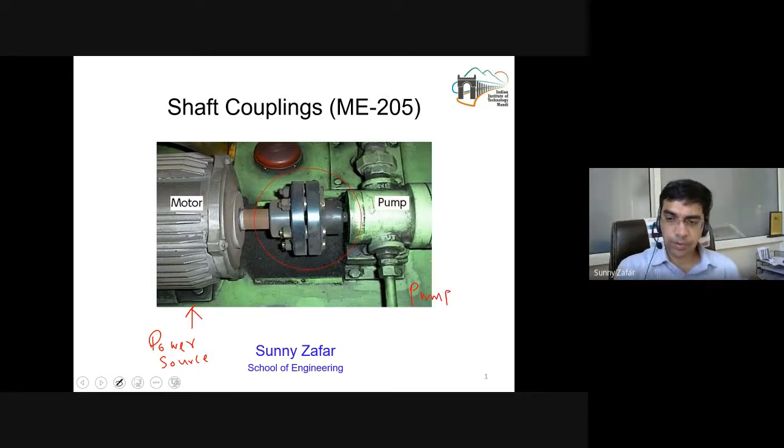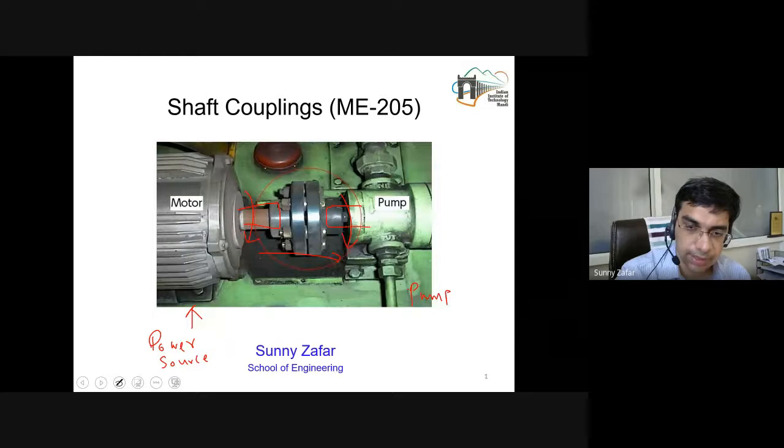So what does a pump do? A pump generally takes fluids from one level and pushes them to a higher level, in other words it pushes the fluid from one level to another. So what we are doing here is transmitting power from this power source to this pump. Now the motor has a shaft up to this length, and the pump has a shaft up to this length.